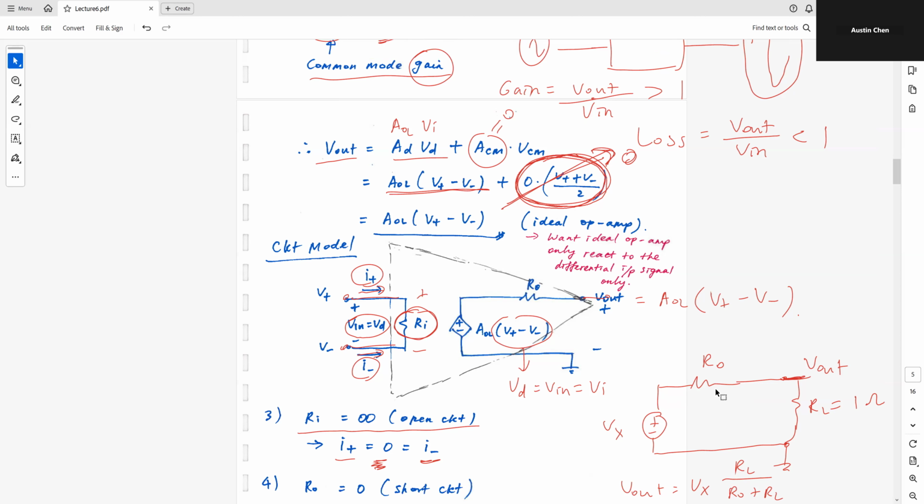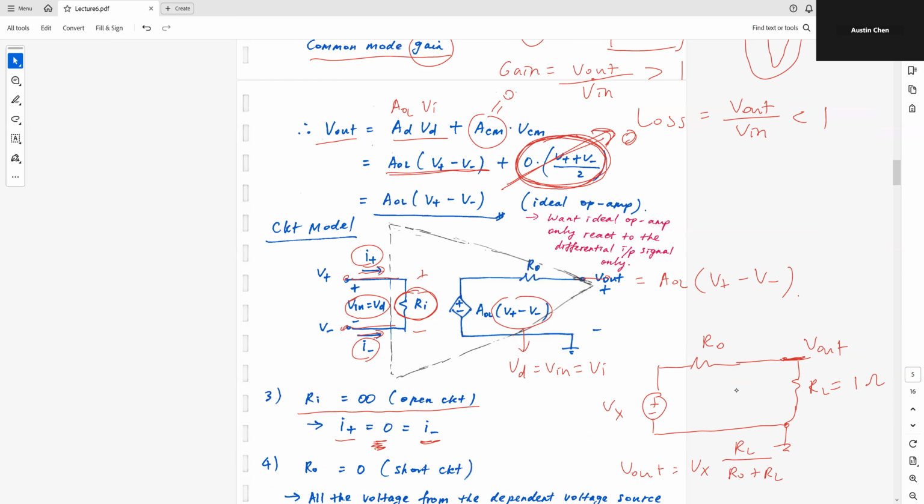How small? Well, ideally, I want this RO to be 0. Now, if you look at this equation, this is a simple voltage division. So if I set this RO to be equal to 0, then on the top I have RL, and on the bottom I have RL. RL divided by RL, I have 1. So 1 times Vx, I still have Vx, which is equal to my V out.